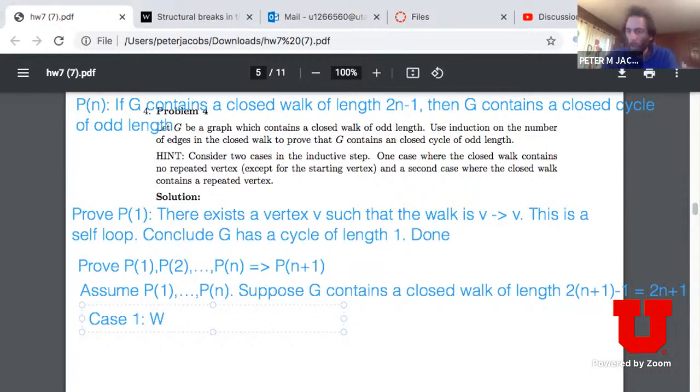This is a closed walk. I'm not going to write that down, but if you were writing out the proof, you might want to say, let W be the closed walk of length... I'm not sure how to go back to a text box.